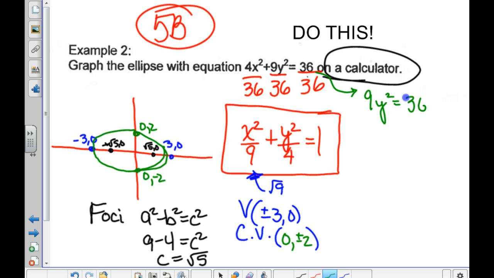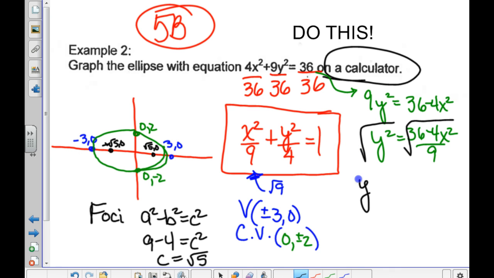So 36 minus 4x squared. Then what would I need to do? Divide by 9. Okay. I'm not going to bother to do anything with that. And then I would need to do what? Square root. I'm going to be lazy and just type it in just like that. In my big square root, I'm going to put parenthesis 36 minus 4x squared divided by 9.